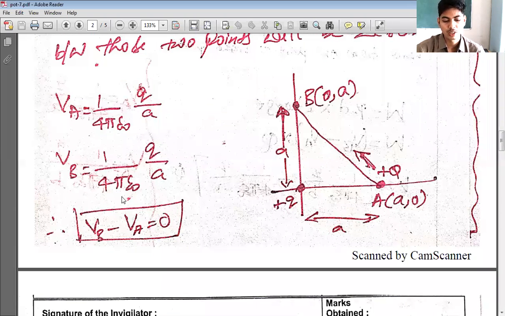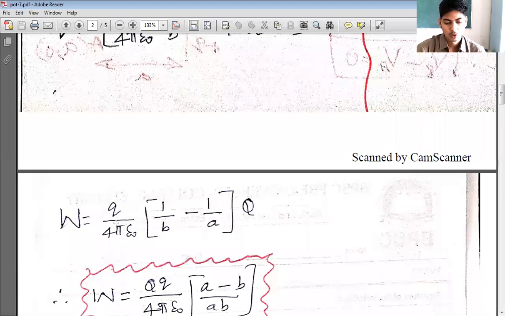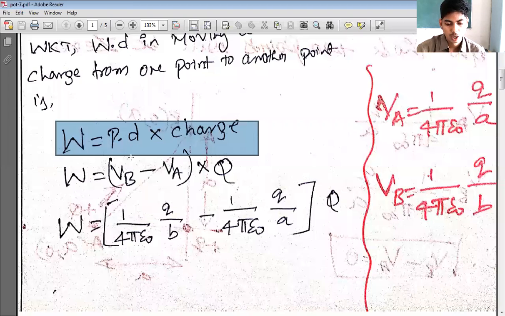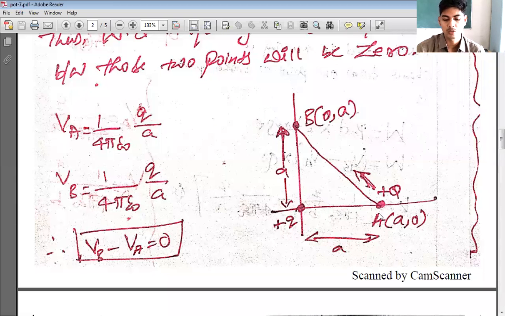If the potential difference between 2 points is 0, what will be the work done? Work done is potential difference into charge. Potential difference is 0, so 0 into anything will be 0. So work done in moving charge between 2 points which are at equal distance from the source charge will be 0.